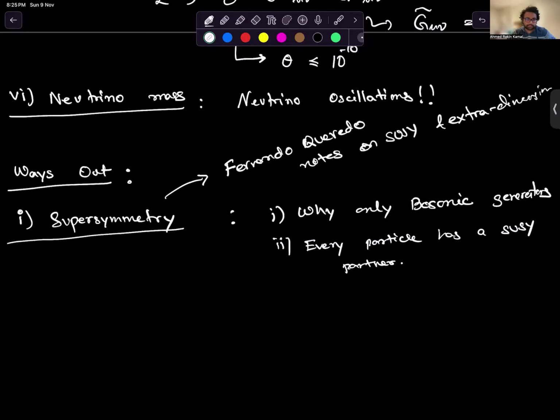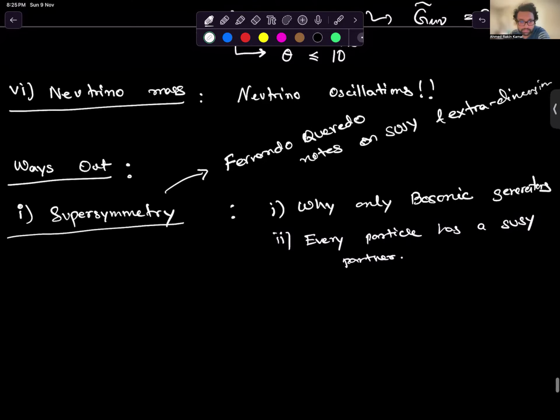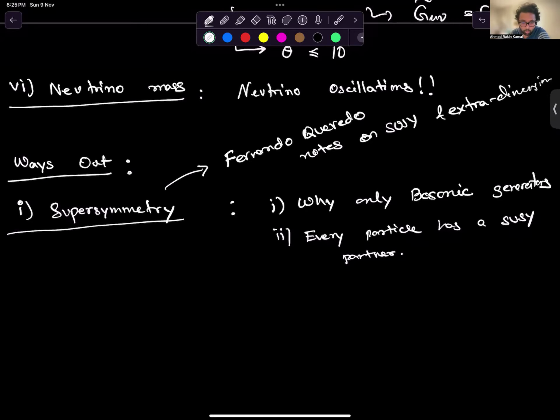This small extension of including fermionic generators to the standard model actually saves us in many ways. How does it save us? Let's call it A. It addresses the hierarchy problem.